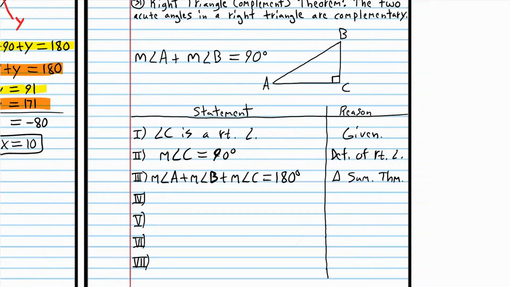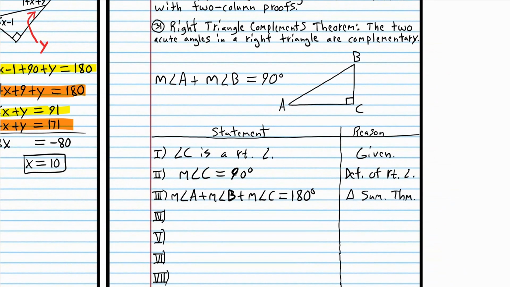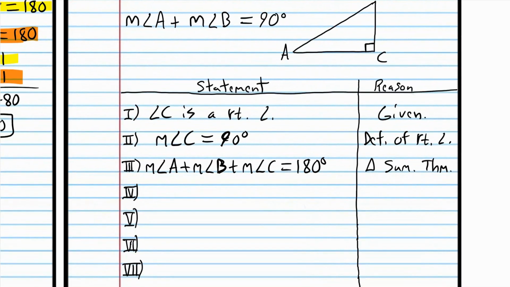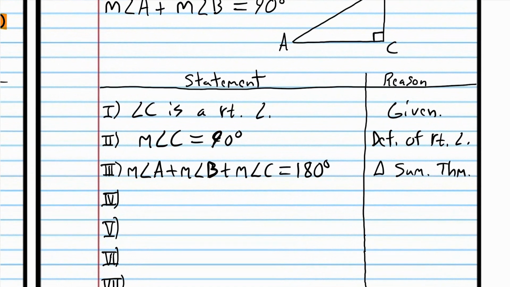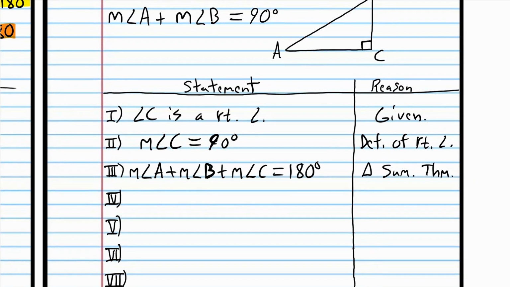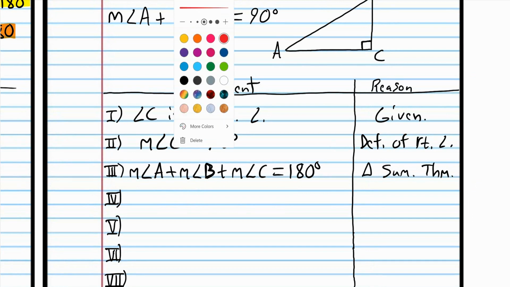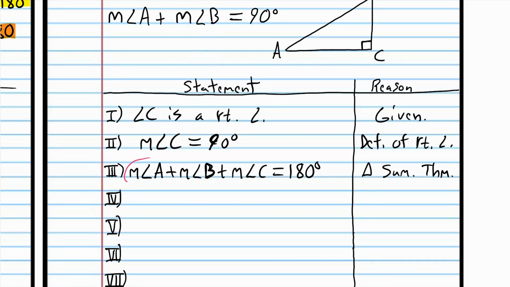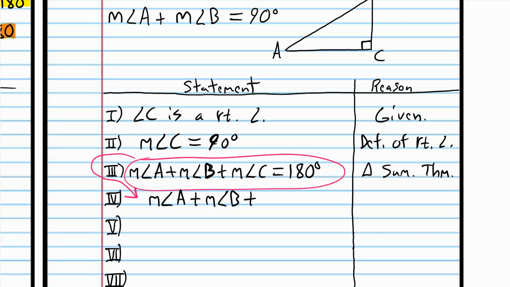So now, again, we're trying to prove that measure A plus measure B is 90 degrees. So we know that the measure of angle C is 90 degrees, so we can just plug that into this equation. We're going to take this equation here and rewrite it down here, but instead of measure of angle C, we're going to plug in 90 degrees because we know measure of angle C is 90 degrees.